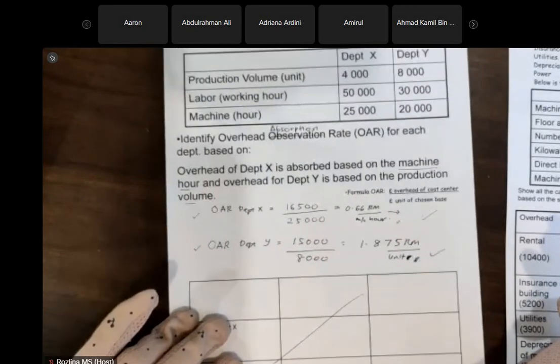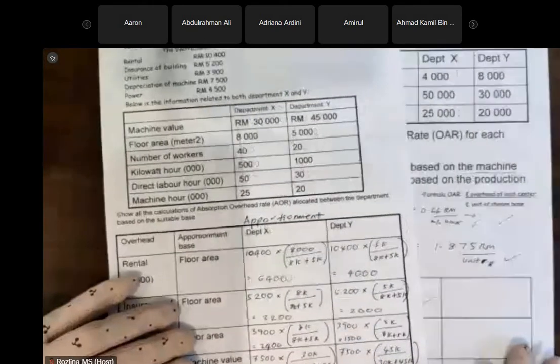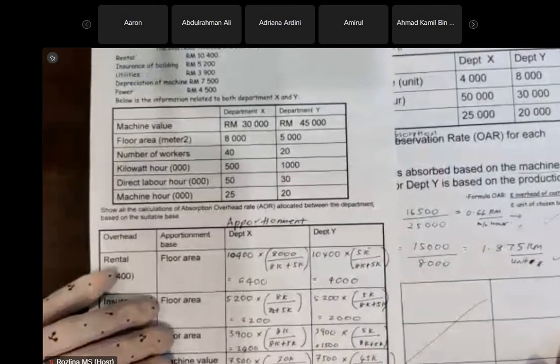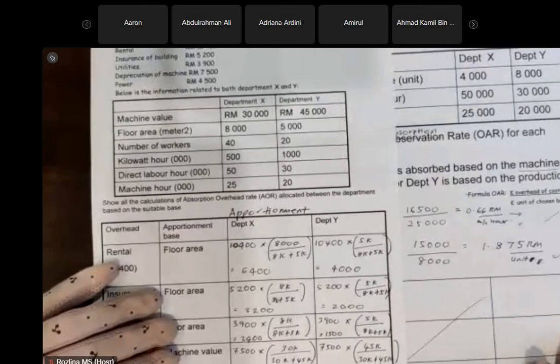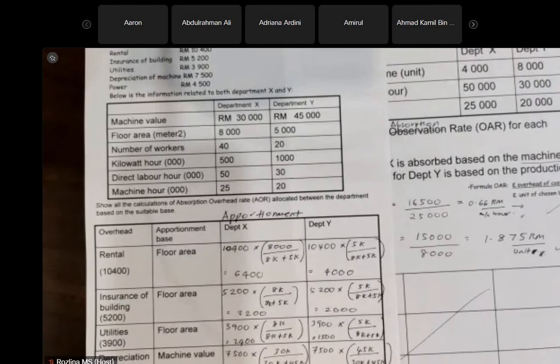Okay, understand tak? Simple kan? Ini simple tau. Nanti masuk yang ABC tu dia complicated. Boleh? Okay, kalau boleh, I want you to try.